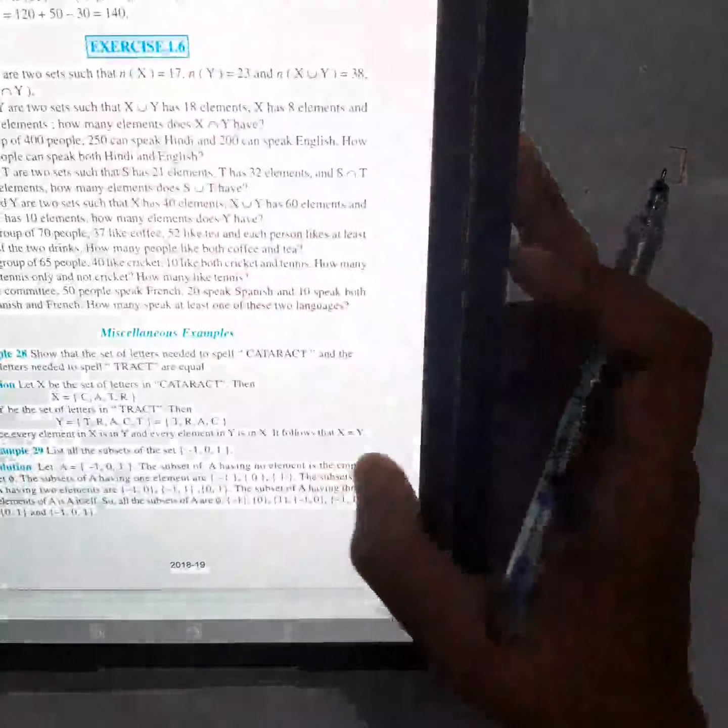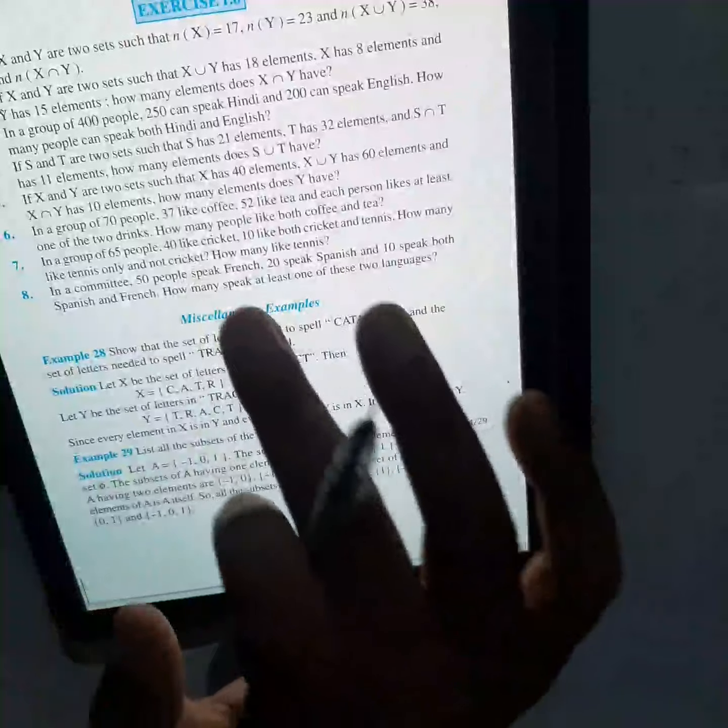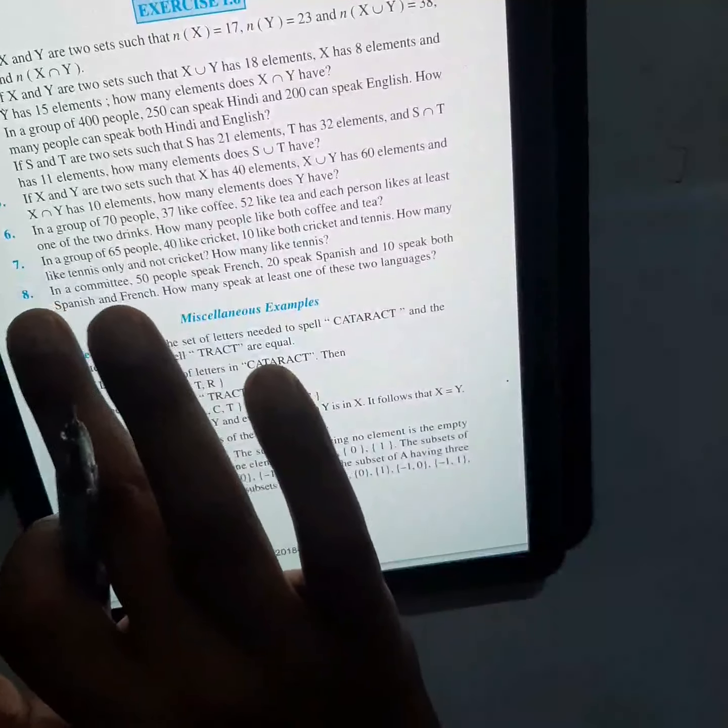You need to understand according to the question which will be union and which will be universal, which I will discuss again in miscellaneous. Also some questions are there in which you need to understand according to the question which one to take as union, which one to take as universal. Okay, so in a group of 65 people, 40 like cricket. So this is a direct question.